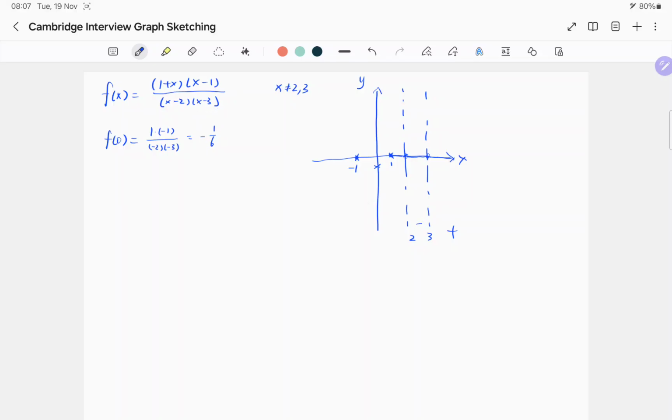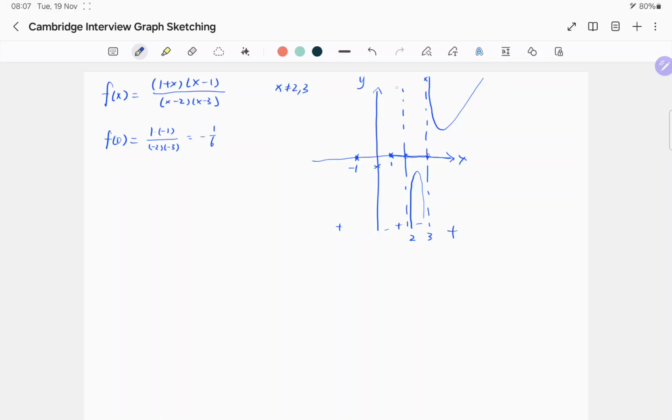So this will be negative, and this will be positive. There will be negative, and there will be positive again. So we can actually sketch this graph. Since it is positive and reaches infinity, it is here, like this. Here it is negative and this.